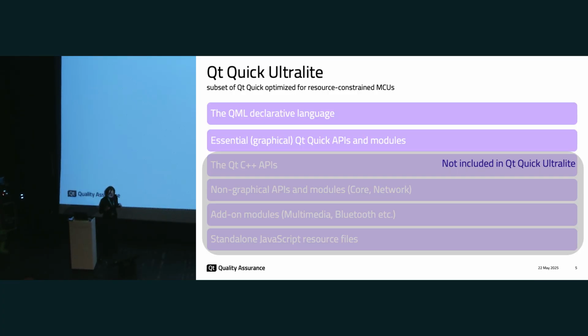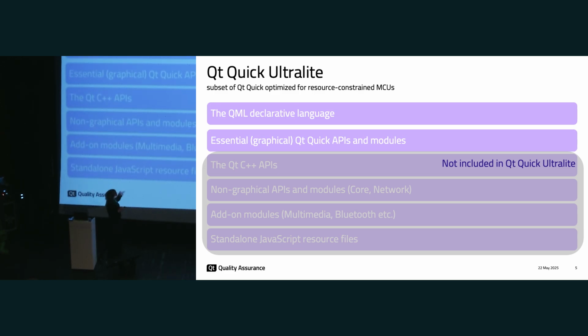So Qt Ultralite is a subset of Qt, which was developed with an emphasis on being optimized for this very resource-limited environment on microcontrollers. And if you know Qt, you know it contains all these bells and whistles. There's the QML declarative language.